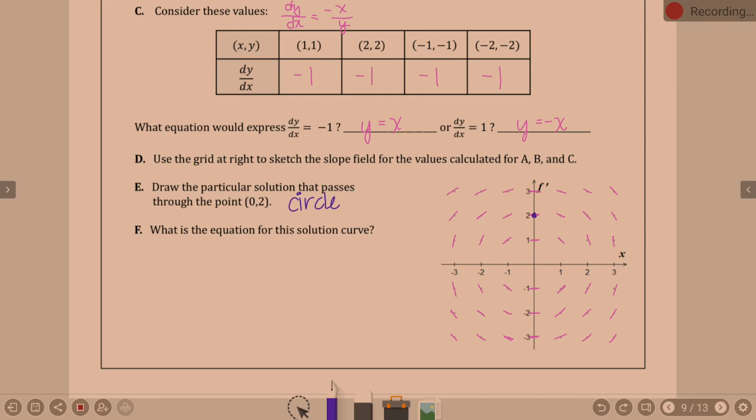It'd be 2, because this circle is going to be centered at (0, 0) if you watch the slope field there. So this is a circle with a radius of 2. Now, to draw this, give it your best shot.